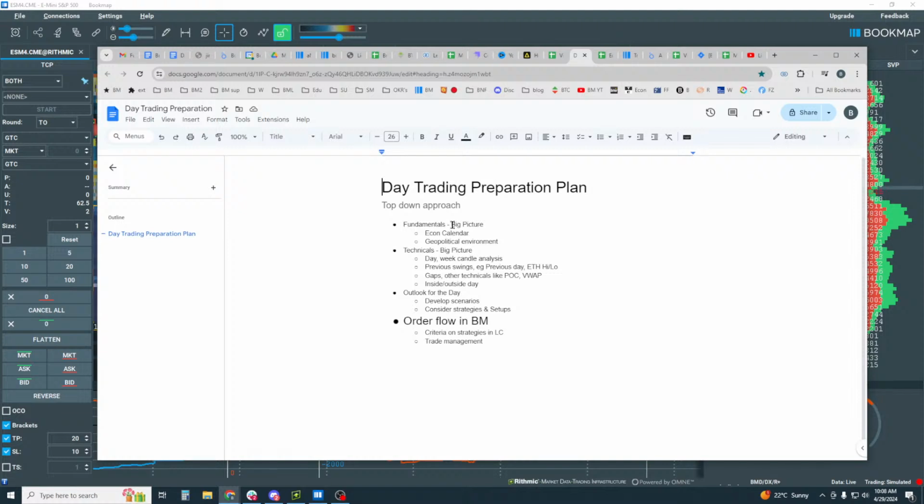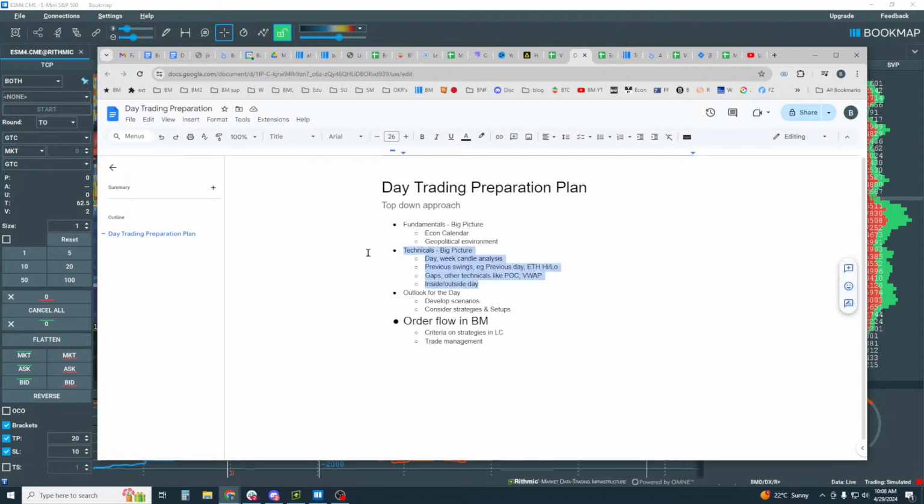First, the fundamentals: the big picture, what's going on in the economic calendar and geopolitical events. Then the technicals: the big picture, the daily, maybe the weekly candle analysis, and swings over the last week or so, important swings for the day, previous day highs and lows, the extended trading hours highs and lows, gaps, POC, VWAP, inside day, outside day.